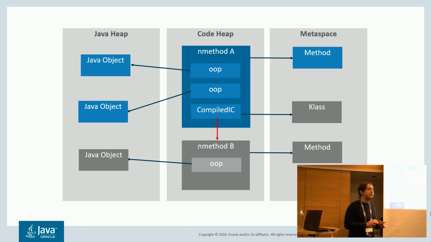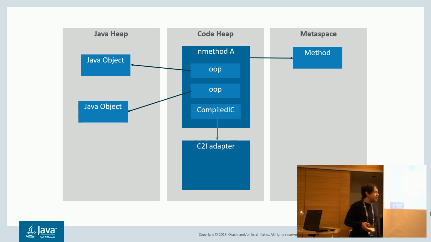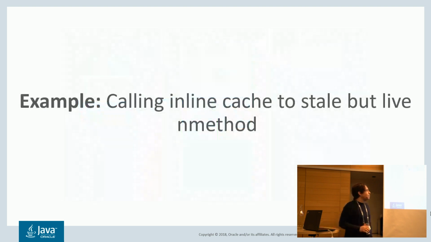This guy is dead. We should not be calling this code. And then we re-resolve the call and patch into the inline cache in the machine code a jump to, in this example, a compiler to interpreter adapter that will allow us to take the execution over to the interpreter, and it will all make sense, and we might compile new code and stuff like that.